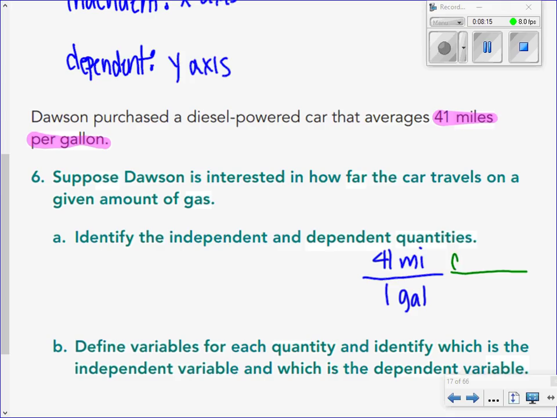Dependent over independent. Always. It is always dependent over independent when it is a unit rate. So, answer this question. Which one is the independent and which one is the dependent?